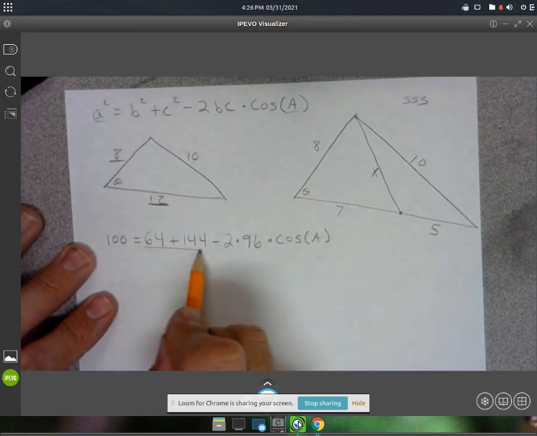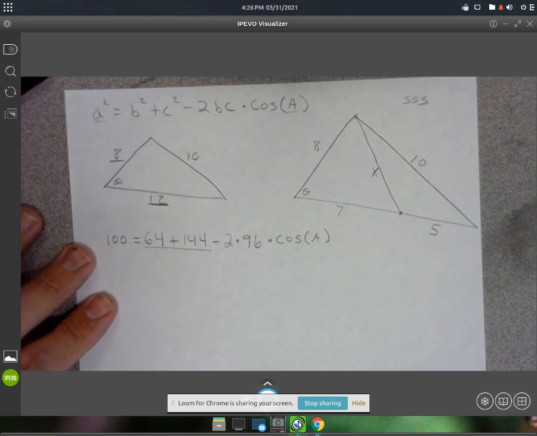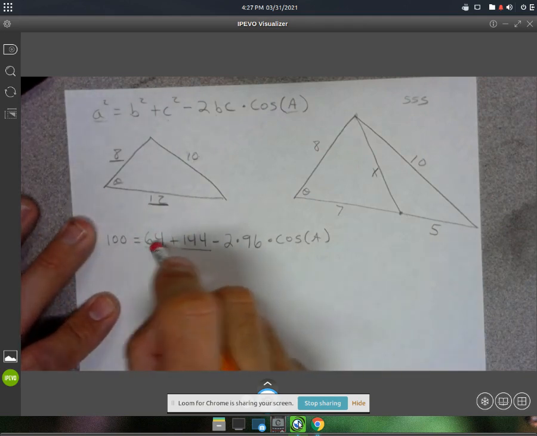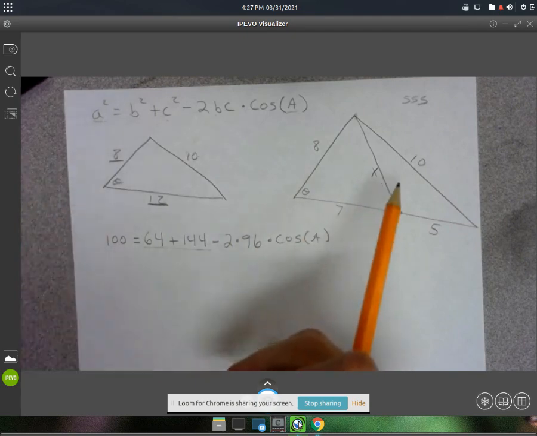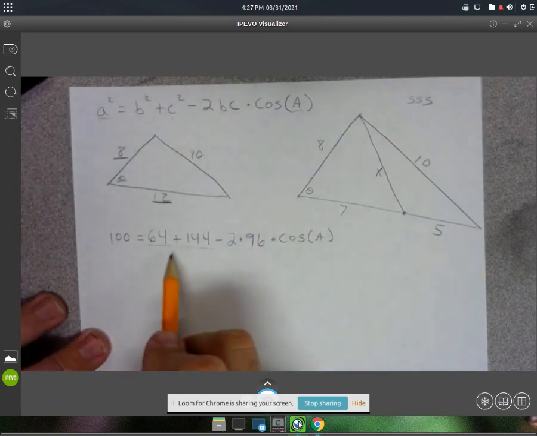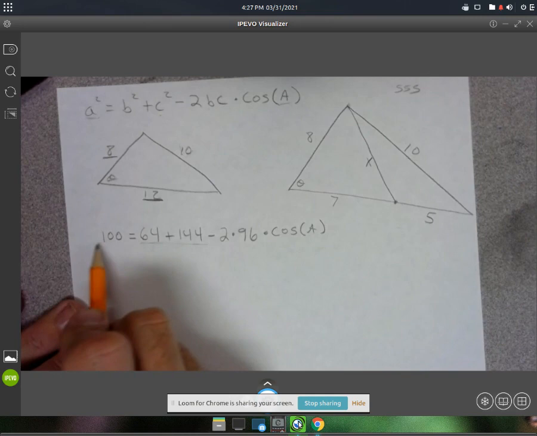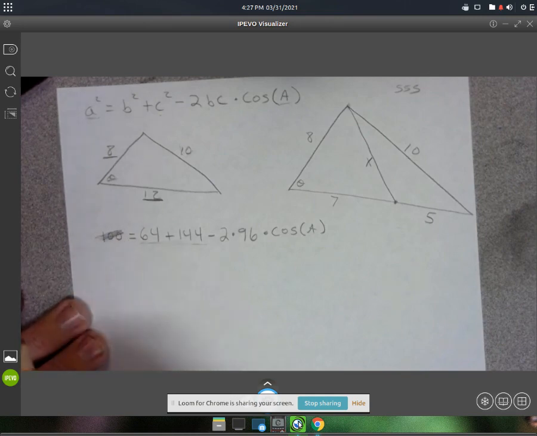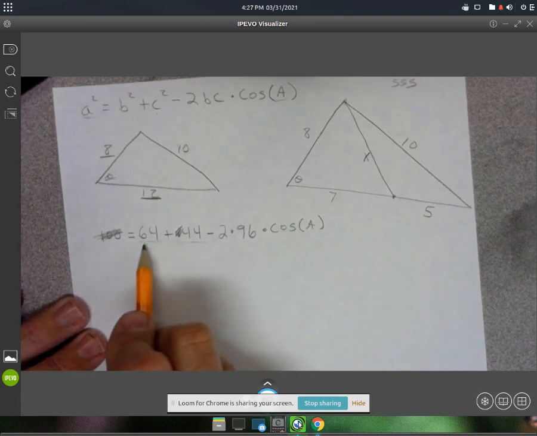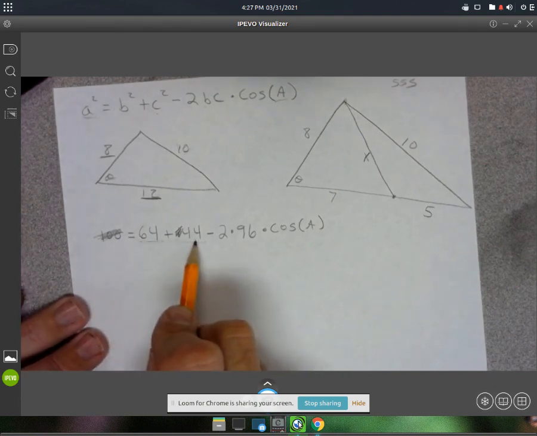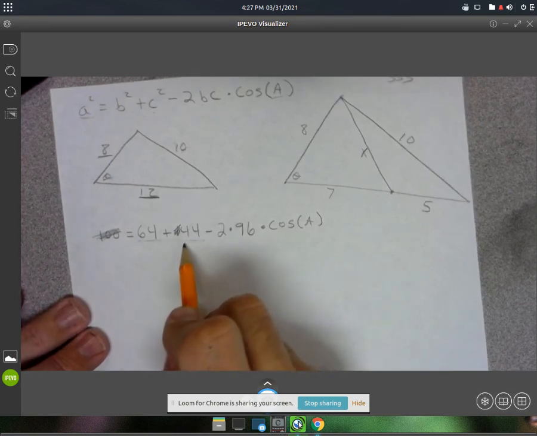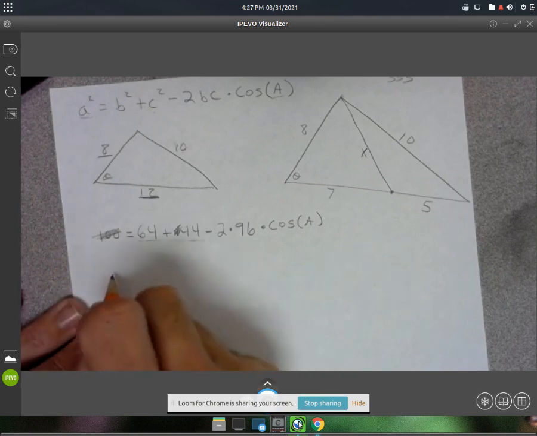I can go ahead and put these together. Actually, I'm feeling a little bit different about it. Eventually I know I'm going to move everything over to the left side, but what I'm going to do is cancel out this 100, and just take it away from that 100 right there. 64 plus 144 is equal to 208, but I need to minus that and move it to the left side.